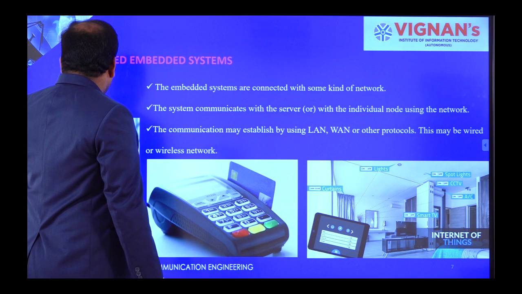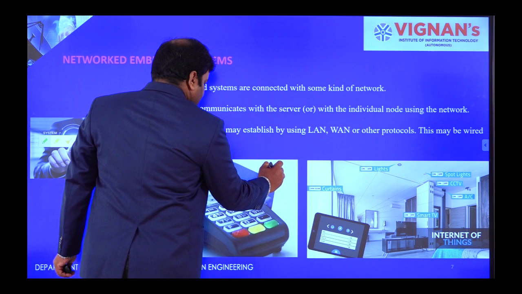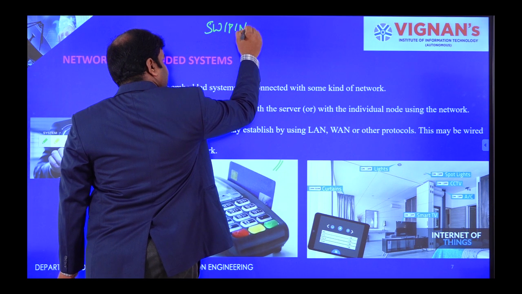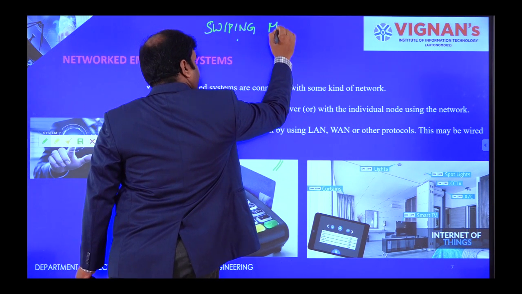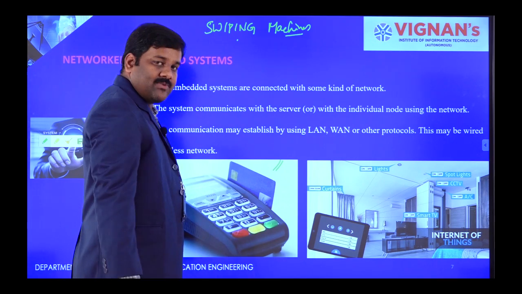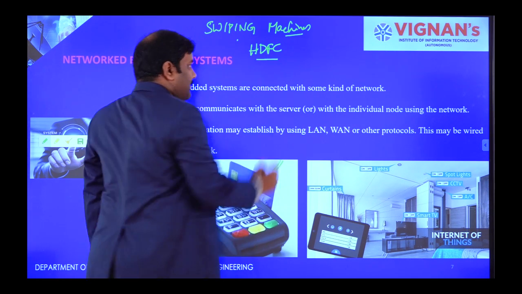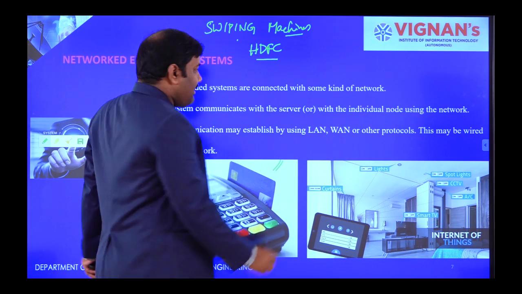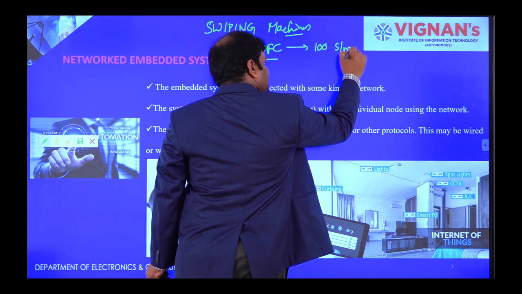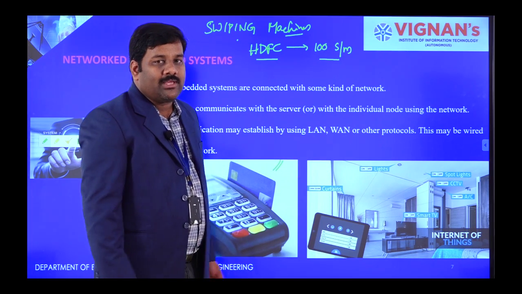Next one is network based embedded systems. Here I will consider this example, what we call swiping machines. Consider HDFC bank as the server. It produces 100 swiping machines and releases them into the market.